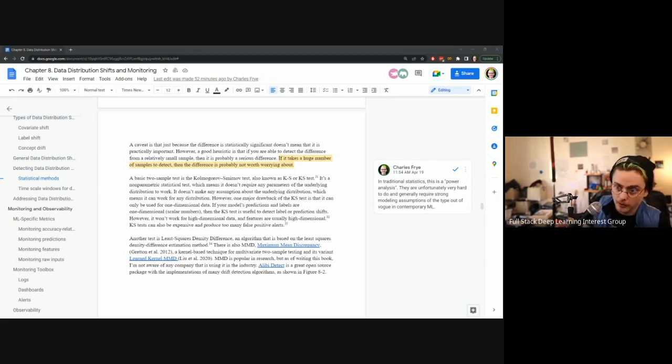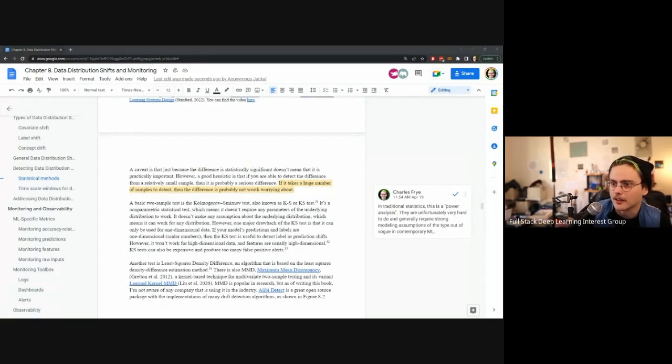It only works for one-dimensional data, as is noted here, which makes it tough because we often work with really high dimensional data. Also the KS test is very sensitive. It detects any difference in distributions, and many changes in distribution are very benign. So it's unclear how useful the KS test is.